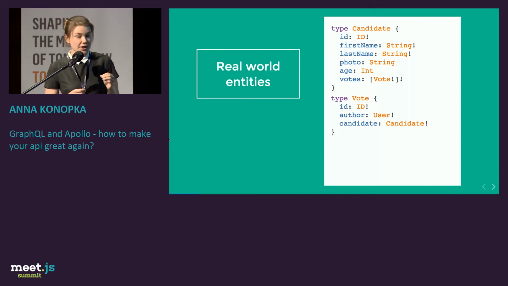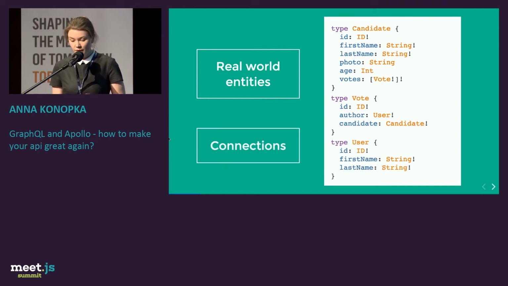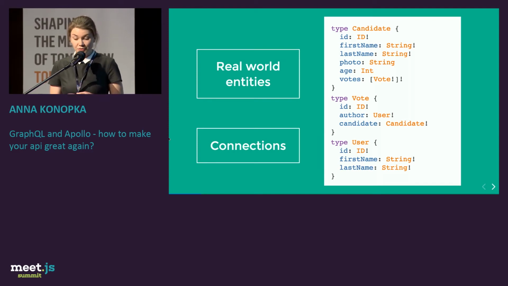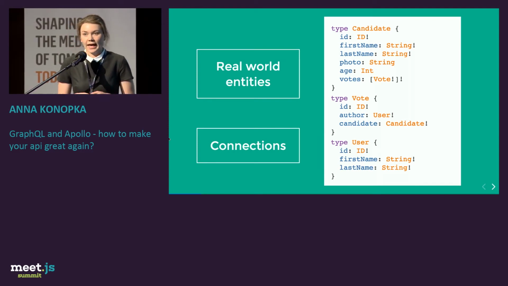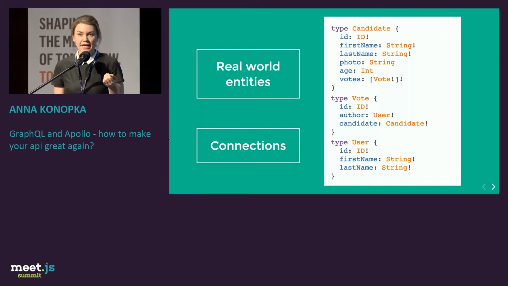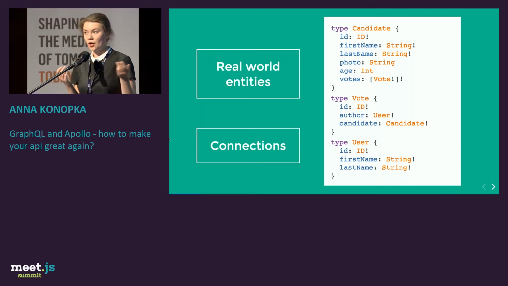The next thing that we can see here is that those entities have a connection between them, some relations. So for example, the vote is somehow connected with the user that gave it, and the candidate it refers to.